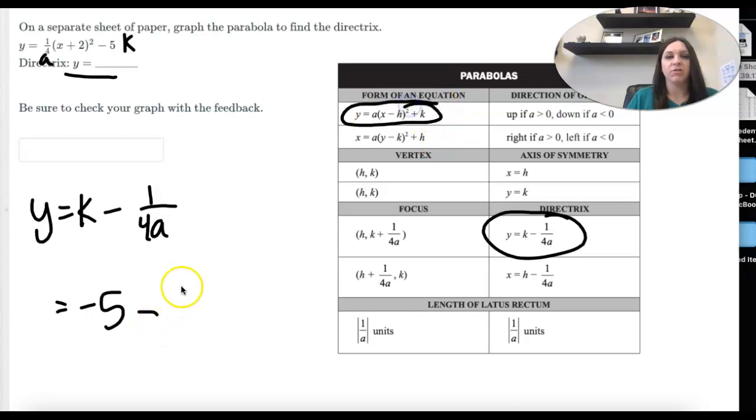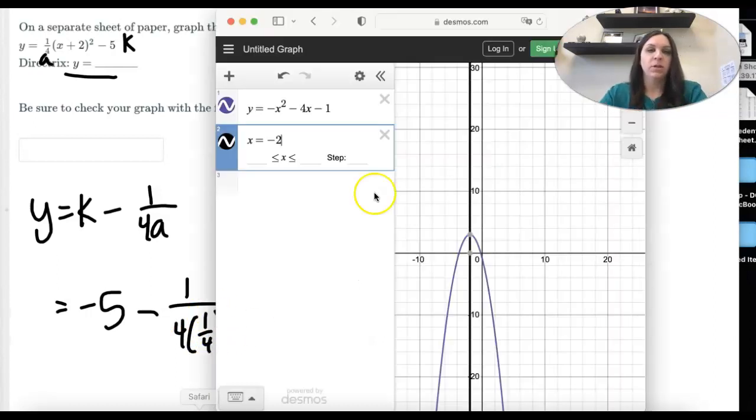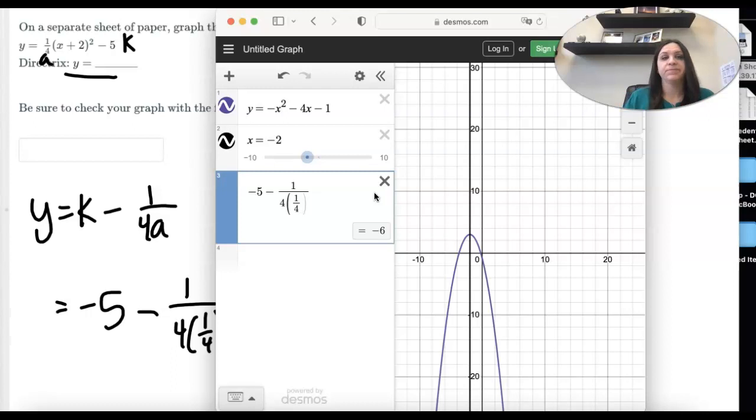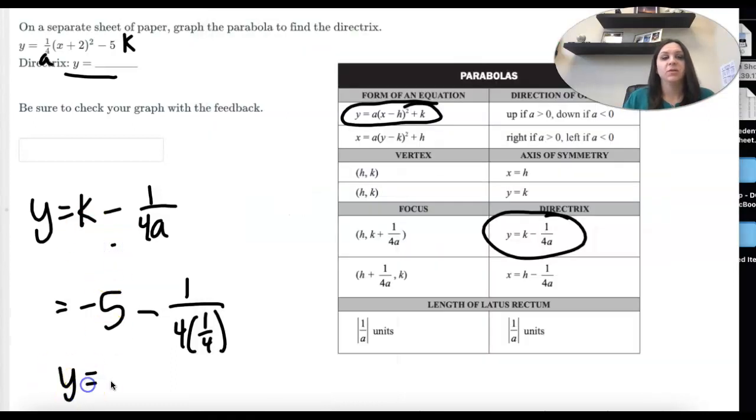Okay, that's the general form. So -5 minus 1 divided by 4 times 1/4 is -6. So y equals -6, and we could graph it and check our answer like we did last time. That's a good way to check.